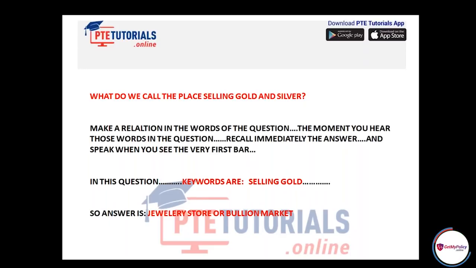Whenever you are practicing from the repeated material, you see the words selling gold, mark them as a keyword during your practice. Highlight these words. And while revising before the exam, just revise all the repeated material. At that time, what to do?